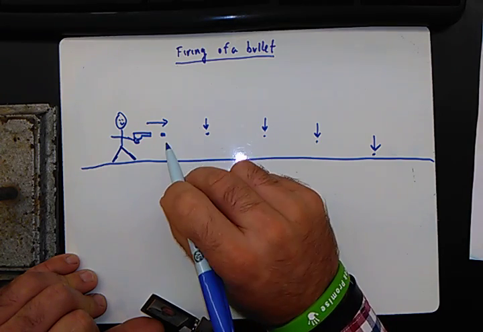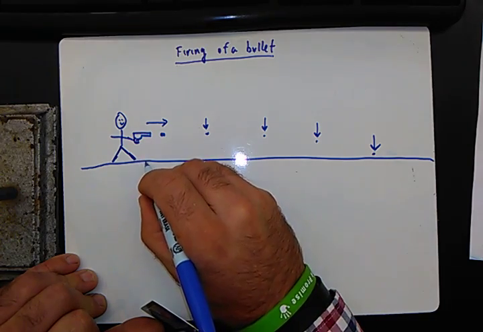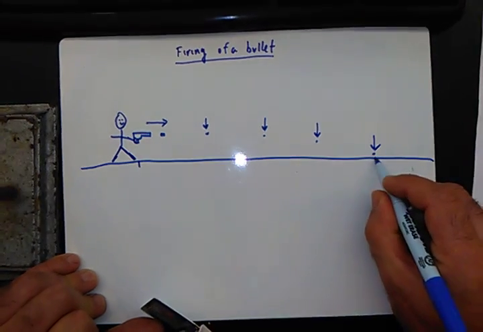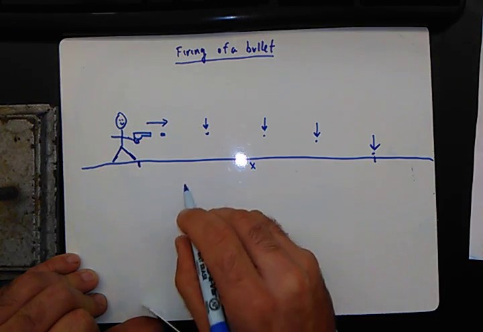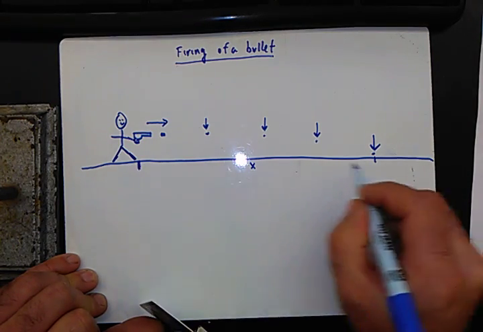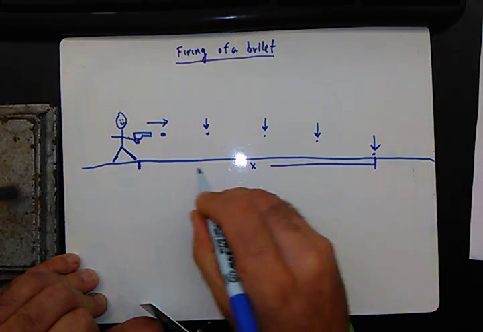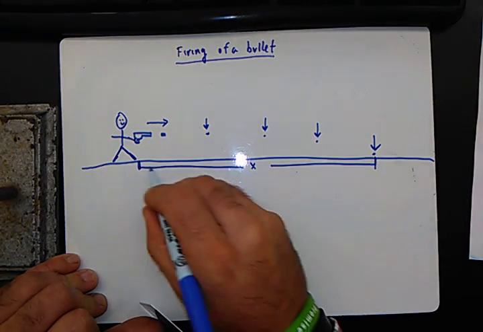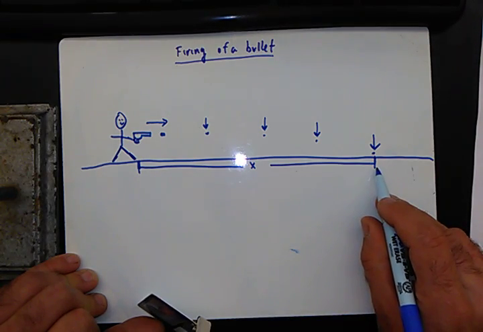So it tells me a lot about this question. First of all, we want to know the range of this projectile, or bullet. You can call it a slingshot, paintball, whatever you want. We want to know how far this goes.